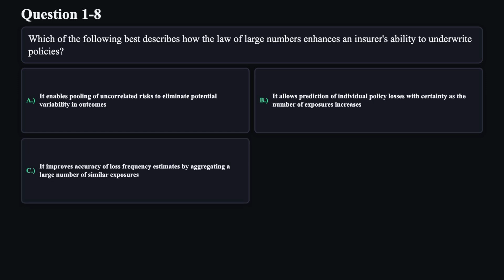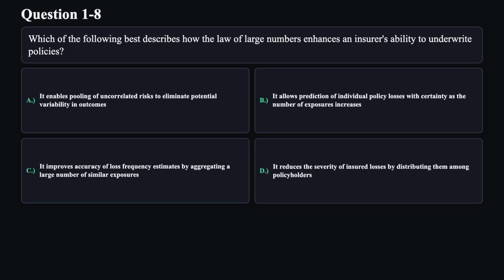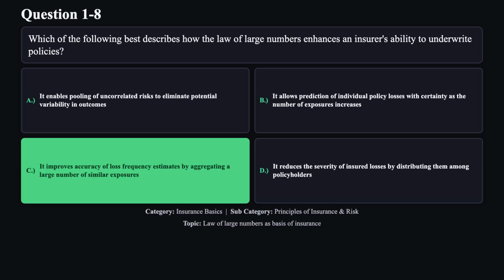C. It improves accuracy of loss frequency estimates by aggregating a large number of similar exposures. D. It reduces the severity of insured losses by distributing them among policyholders. The correct answer is C.